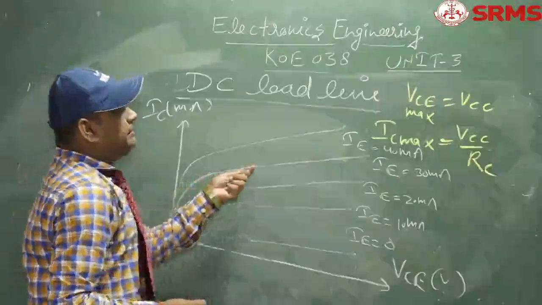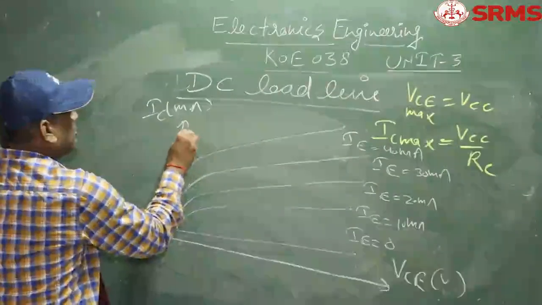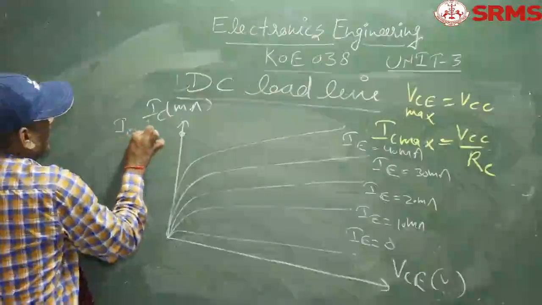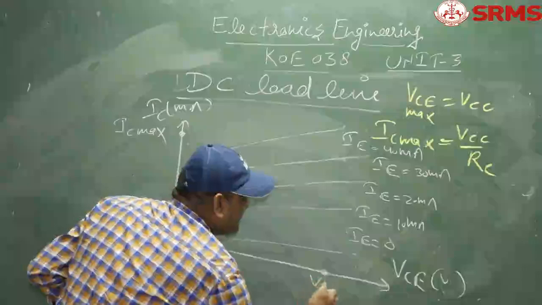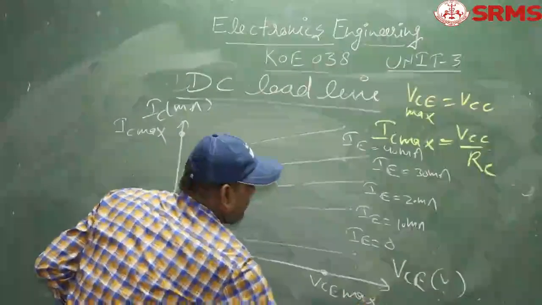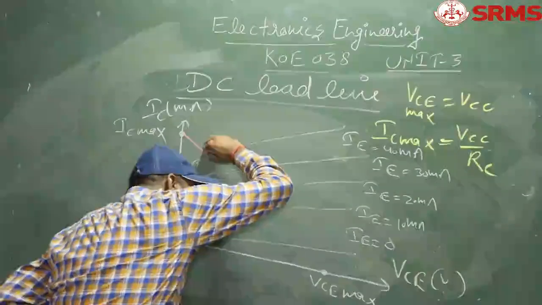So IC maximum is equal to VCC divided by RC. Let us assume this point corresponds to IC maximum, and this point corresponds to VCE maximum. You have to draw a straight line, y is equal to mx plus c.